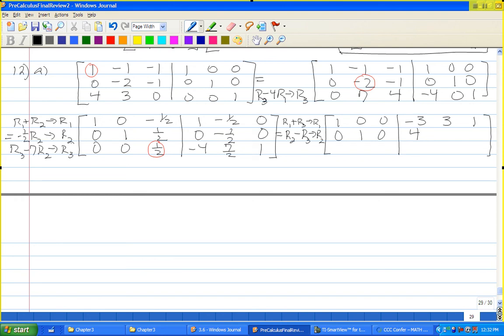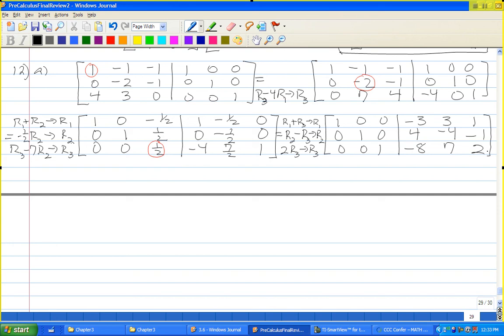Negative 1/2 minus 7/2 is minus 8/2. 0 minus 1. These are all nice numbers. And now just take 2 times row 3 to give me a new row 3. So that gives you 0, 0, 1. And multiply everything by 2, negative 8, 7, 2.